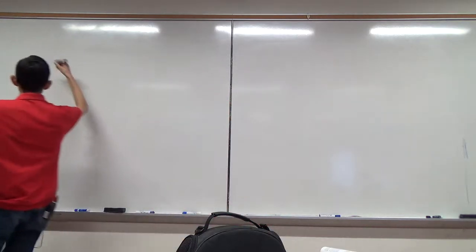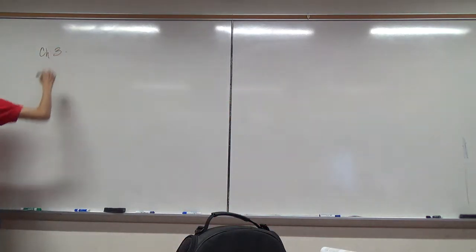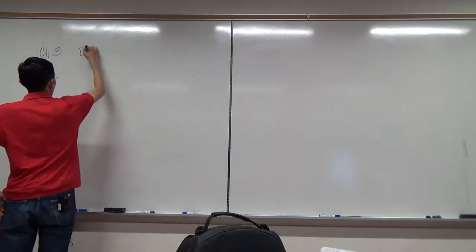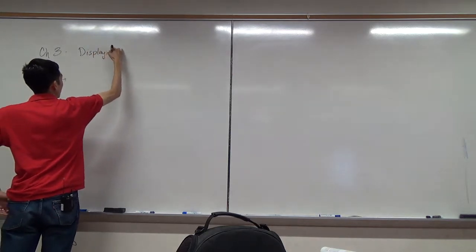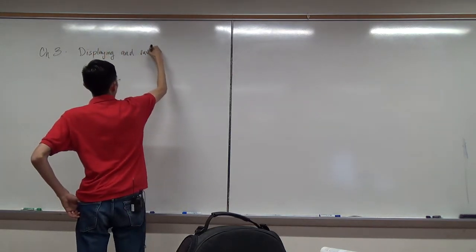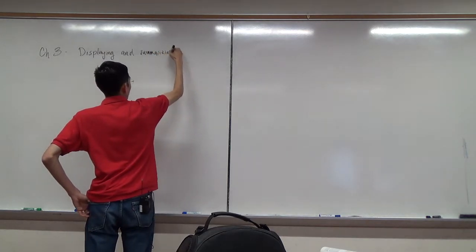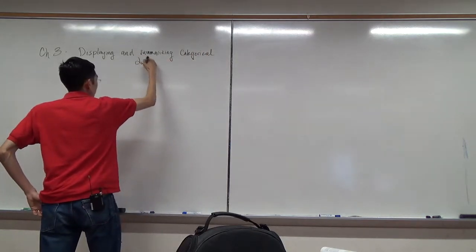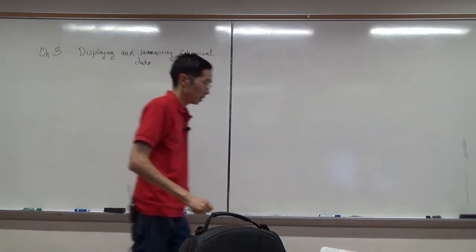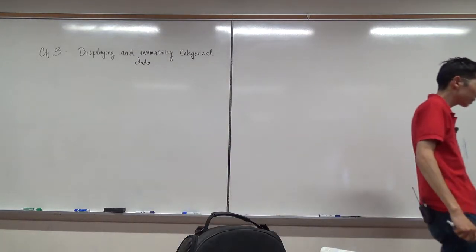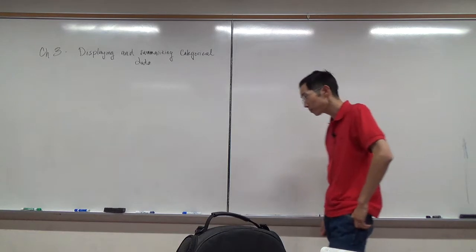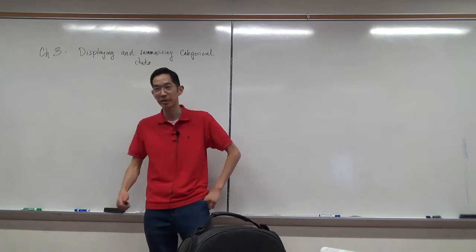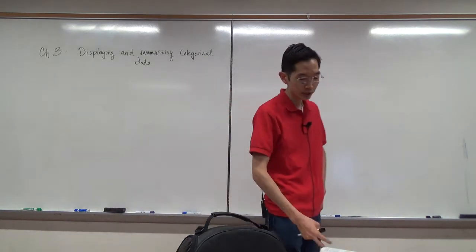Okay. So today we are covering Chapter 3, which is all about displaying and summarizing categorical data. So again, if we are looking at a data set, every row in that data table will be considered a case, or the who in our data.